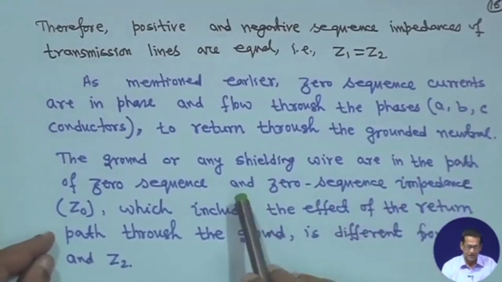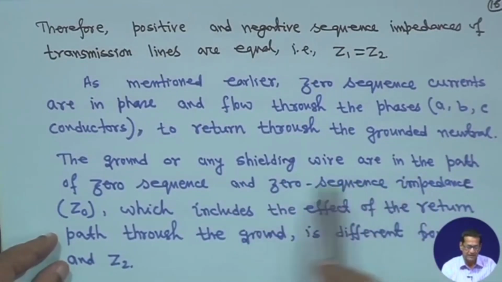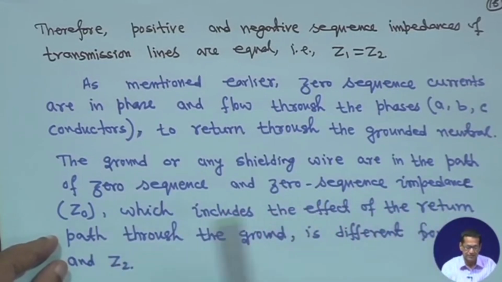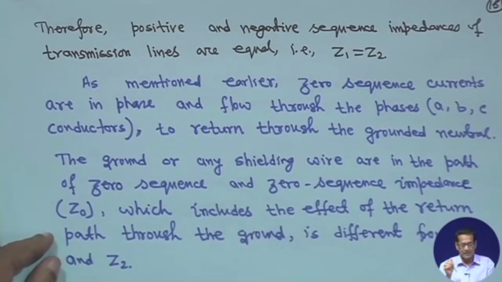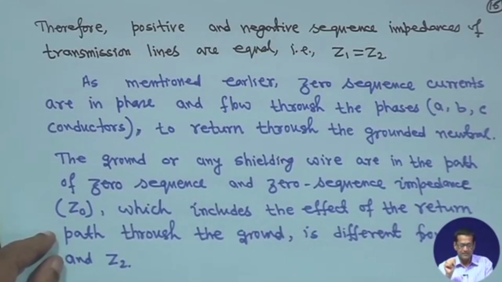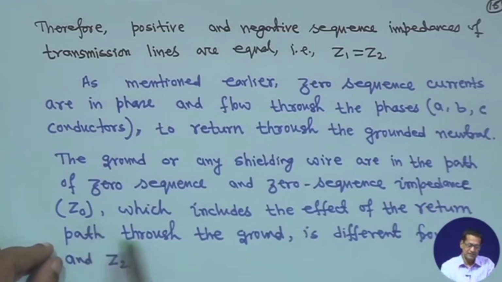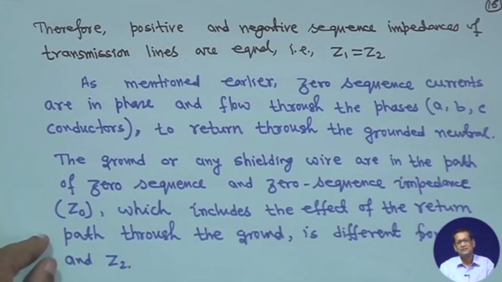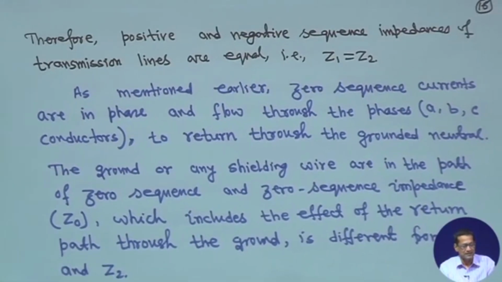So the ground or any shielding wire are in the path of zero sequence, and the zero sequence impedance Z0 includes the effect of the return path through the ground. That is different from Z1 and Z2. So the zero sequence impedance for a transmission line is different.